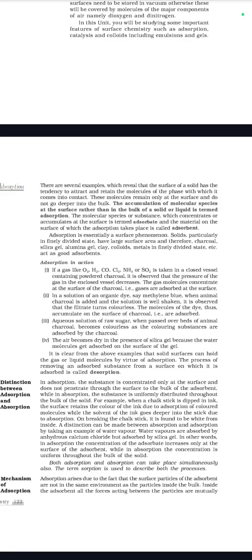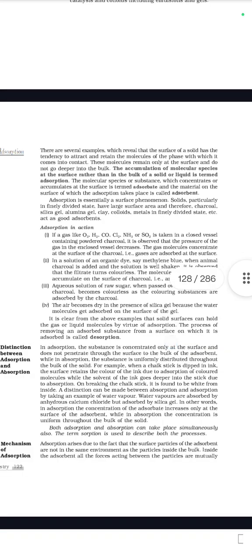Adsorption is essentially a surface phenomenon. Solids, particularly in finely divided state, have a large surface area, and therefore charcoal, silica gel, alumina gel, clay, colloids and metals in finely divided state, for example, act as good adsorbents.